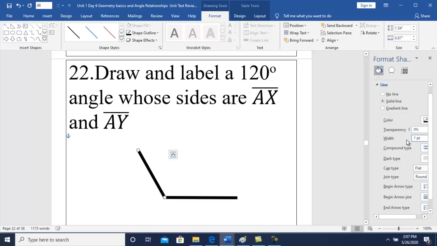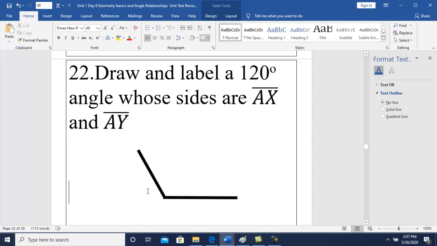Okay, so there's our angle. This is 120 degrees.